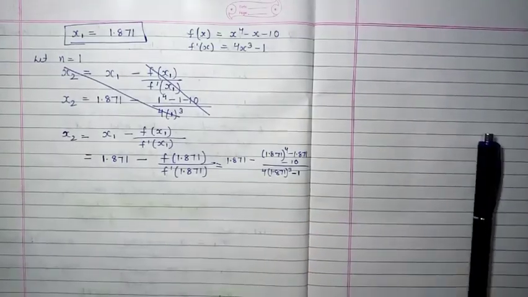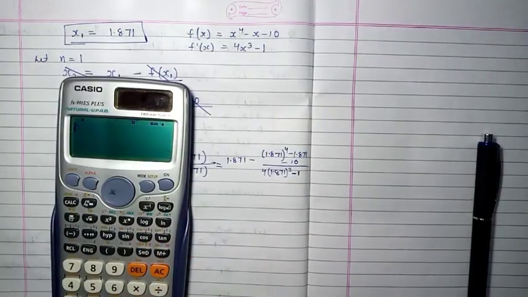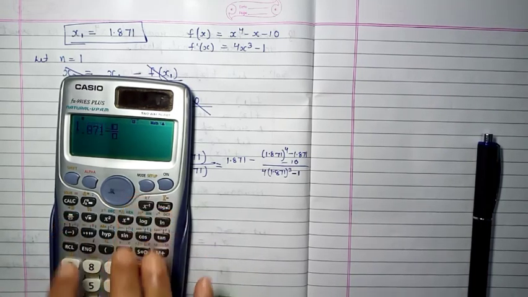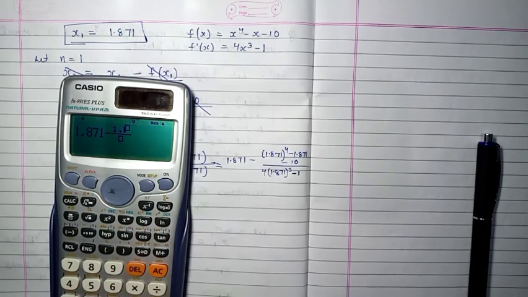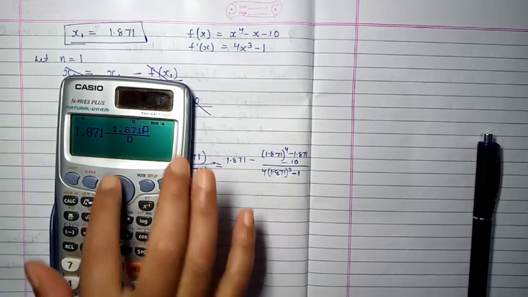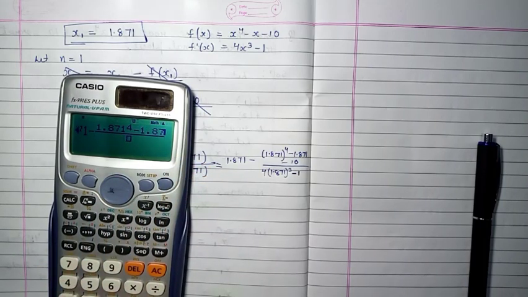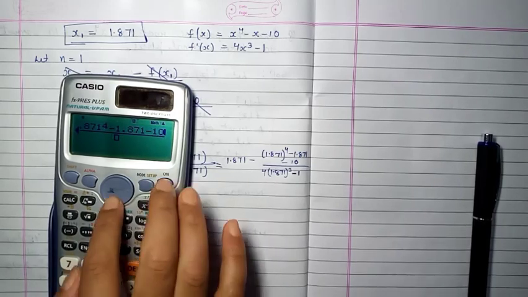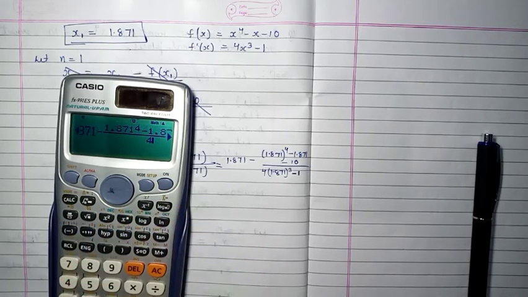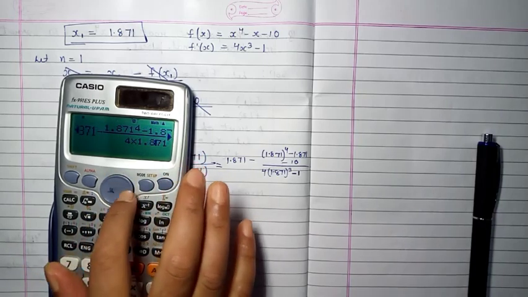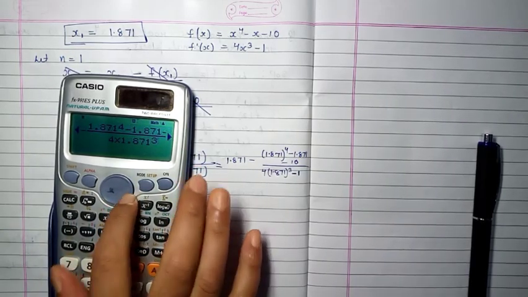So if we substitute all these values and calculate with the help of a calculator, we will get 1.871 minus 1.871 to the power 4 minus 1.871 minus 10, and in the denominator it is 4 multiplied by 1.871 to the power 3 minus 1.